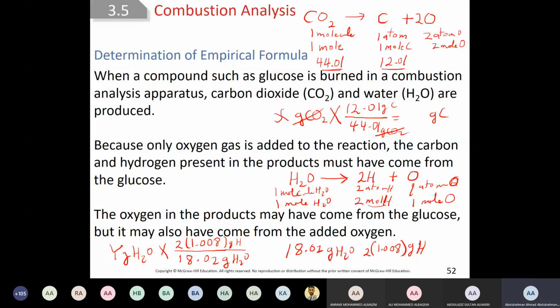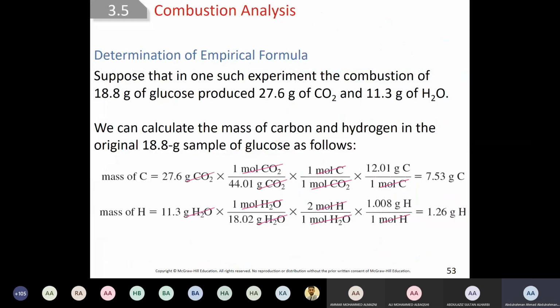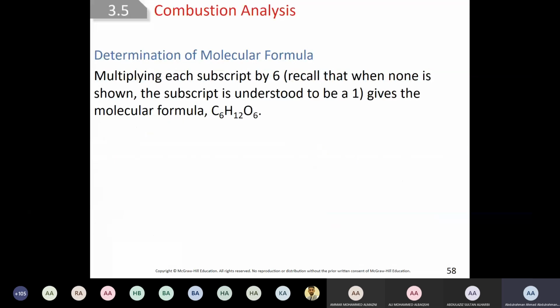So I will give you a problem now in which I give you the amount, this X and Y. Keep this in mind. I will give you the X and the Y, and I want you to tell me how much carbon and how much hydrogen in it. Is this clear? Okay, let's solve this problem.